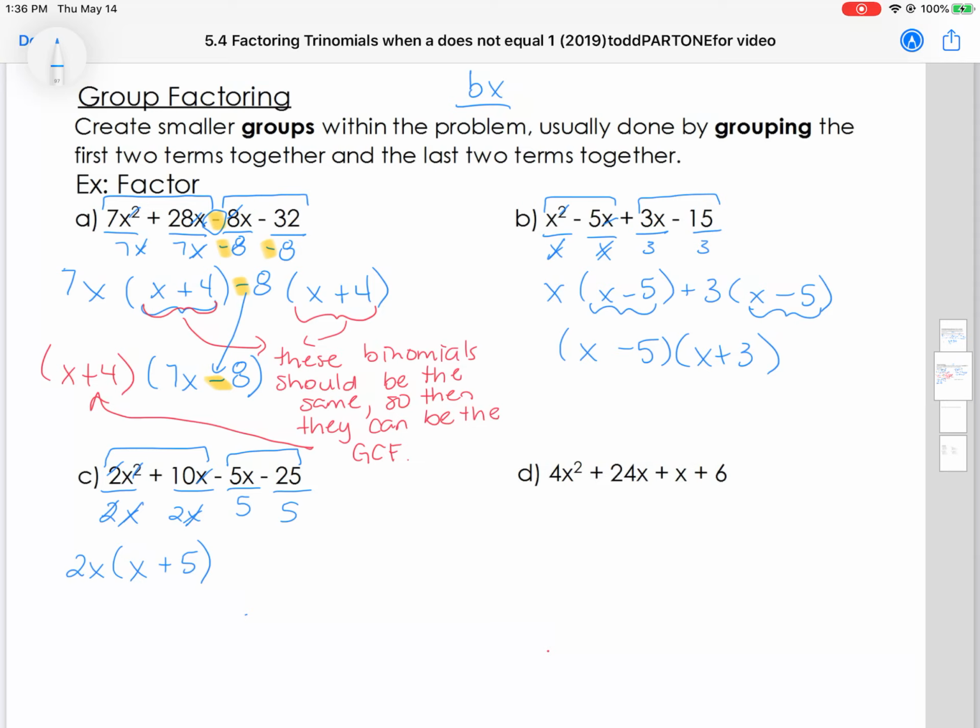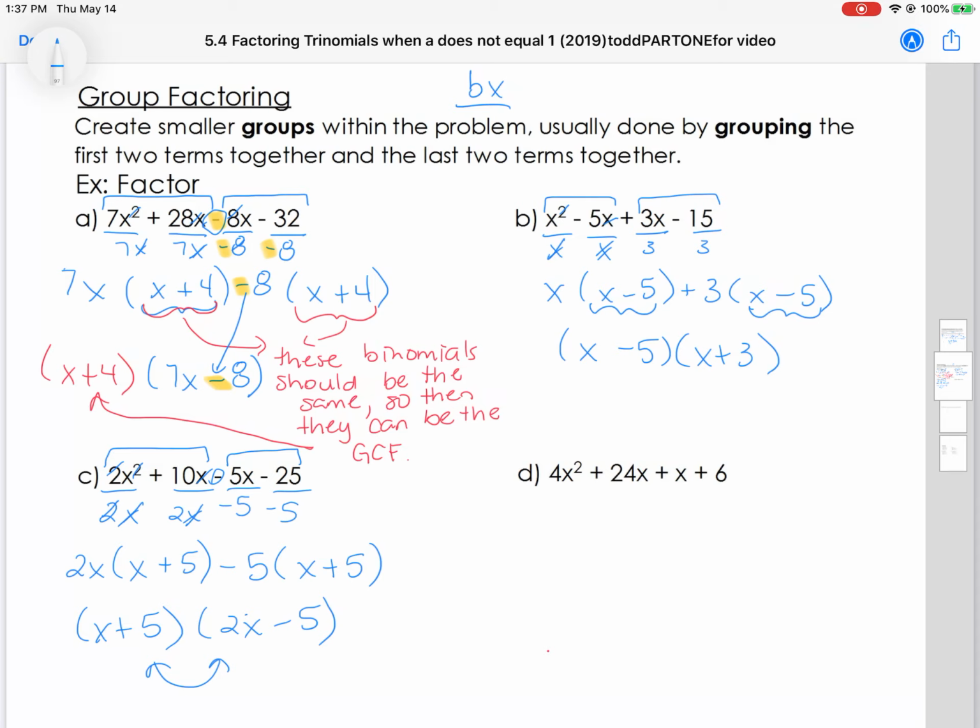And then again, I want to get a positive 5, or, oh, look, that negative sign. Make sure you're dividing by negative 5, x plus 5. Now they match. X plus 5 is our factor now, and 2x minus 5 is left. If you choose to write the 2x minus 5 first, like if you switch these brackets around, that doesn't matter, right? Multiplication, it doesn't matter the order you do it in.